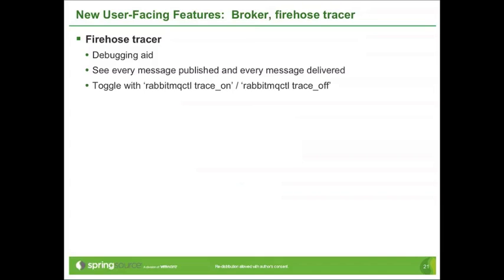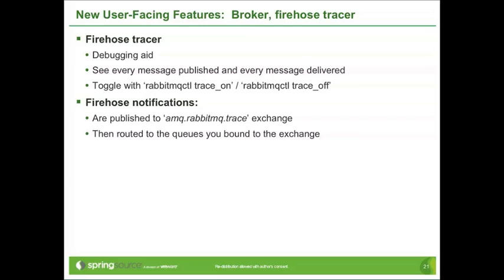The Firehose Tracer. This is a new debugging tool in RabbitMQ. This allows you to see every message published and every message delivered by the broker. You turn the feature on and off using the RabbitMQ control command, and then Firehose notifications get published to a special built-in exchange called RabbitMQ Trace.